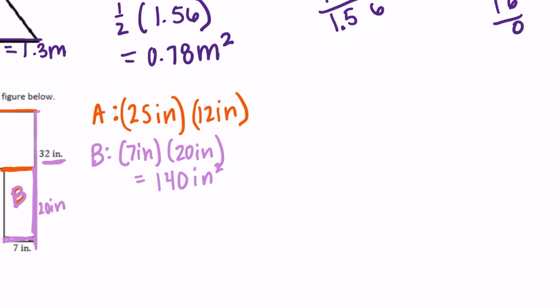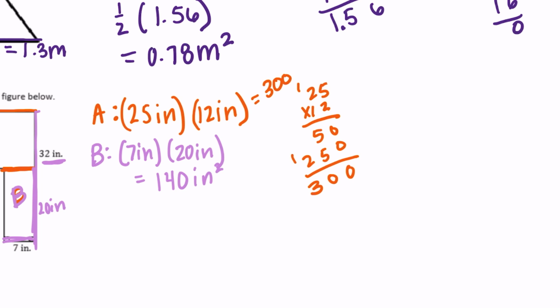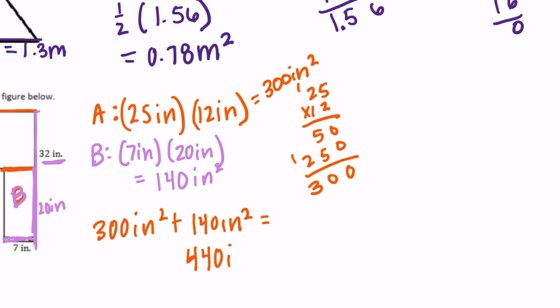And then A, 25 times 12 is 300 inches squared. So we just need to do 300 inches squared plus 140 inches squared, and we would have 440 inches squared as the total area.